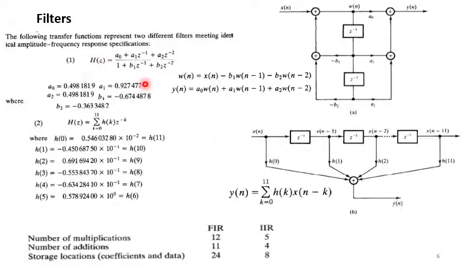Okay, so we can write the difference equation. W(n), if you look at this one, has two inputs, x(n) and this one. I hope the notation is not confusing for you, because previously we were following the book of Oppenheim, where we represented the coefficients of the poles by A and coefficients of the zeros by B. But here, as I told you in the previous lecture, we'll be following the book Digital Signal Processing: A Practical Approach by Emmanuel Ifeachor.